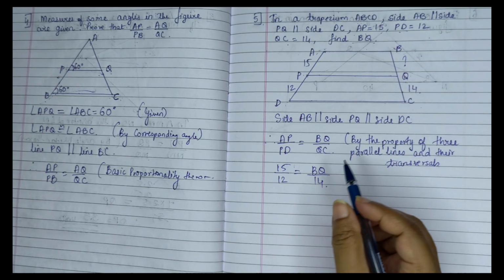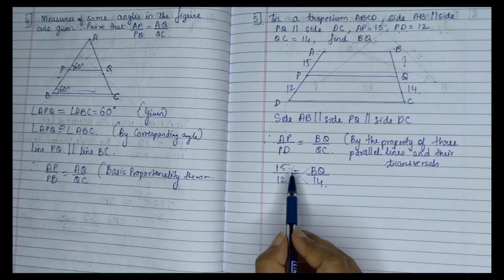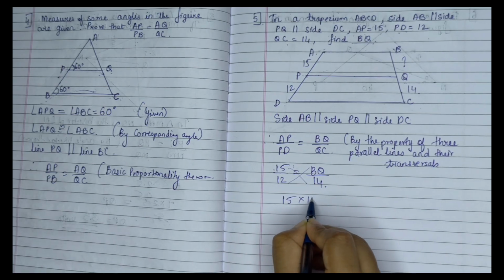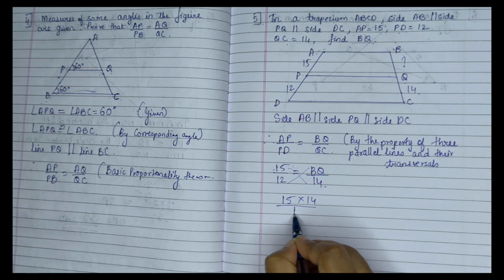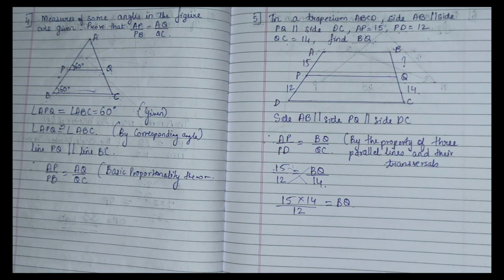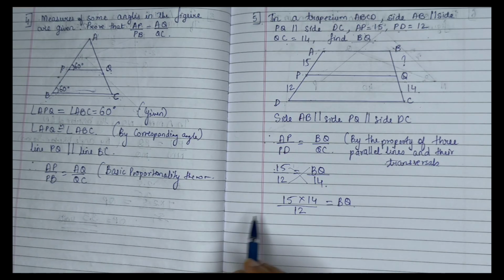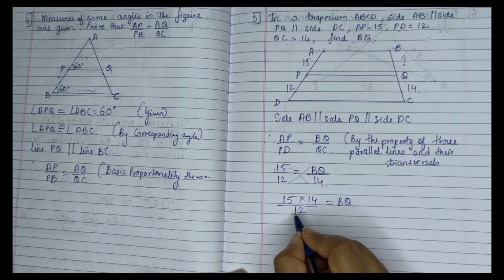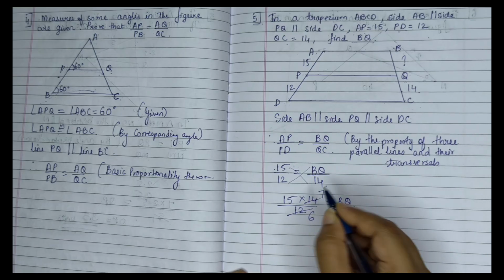After writing that, we can cross multiply. That means 15 multiplied by 14, and write this 12 here in division, is equal to BQ. Now we can reduce this. In the 2 times table, 2 6s are 12, 2 7s are 14.